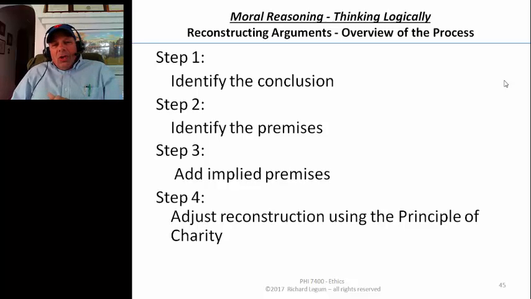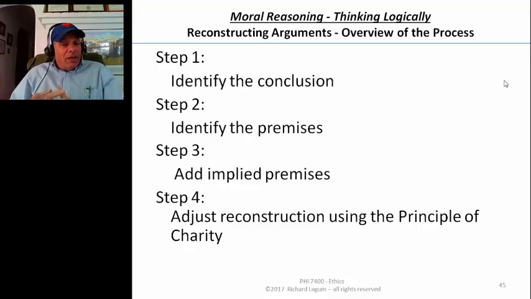And then we're going to look at our reconstruction, and we might have to go back and adjust it using what we have called the principle of charity.